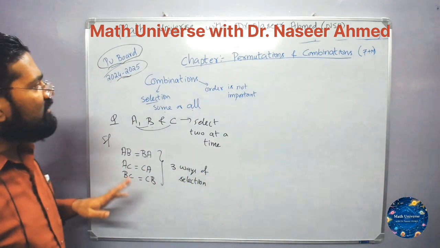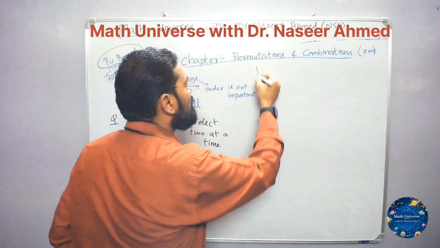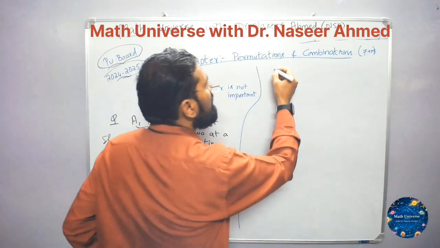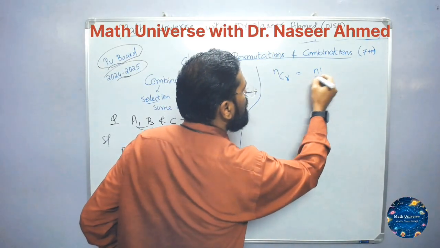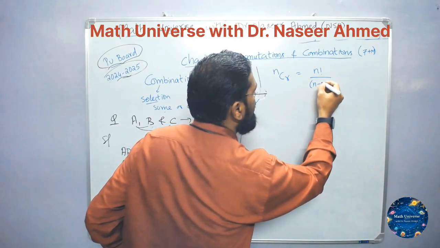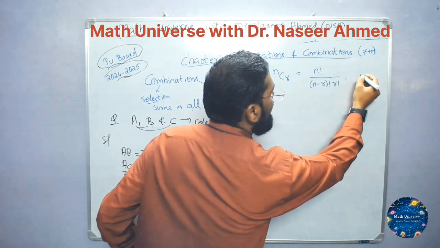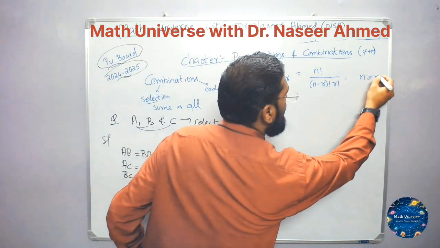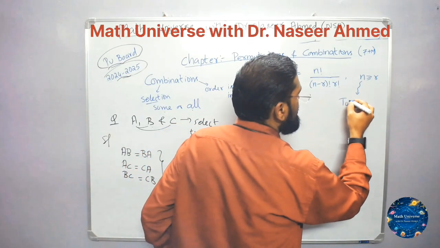So having this logic, let us try to understand, do we have any formula for this? Yes, we have. Let us go one by one here. The formula will be nCr is equal to n factorial divided by (n minus r) factorial into r factorial, where n is greater than or equal to r. Here n stands for the total number of distinct objects.